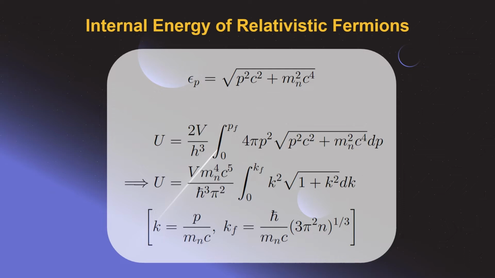Next, we calculate the internal energy of the fermions. Assuming relativistic speeds, and integrating over phase space and momentum space, we get the internal energy U as some constants multiplied by volume multiplied by an integrand.